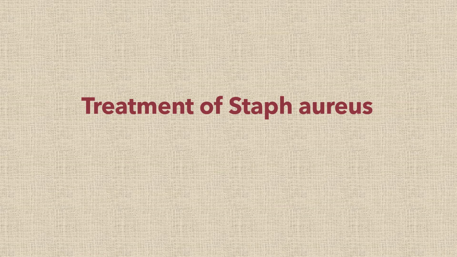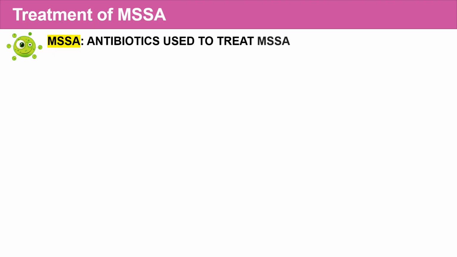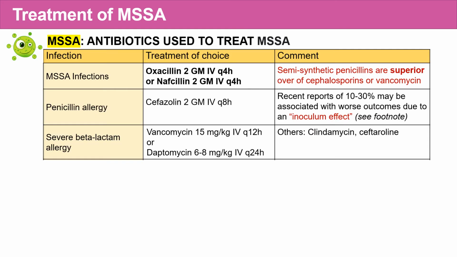Let's move on now and talk about the treatment of Staph aureus infections. Let's first talk about the treatment of MSSA, or methicillin-sensitive Staph aureus infections. The treatment of choice for MSSA infections are the semi-synthetic penicillins, oxacillin or nafcillin, given in a dose of 2 grams every 4 hours.